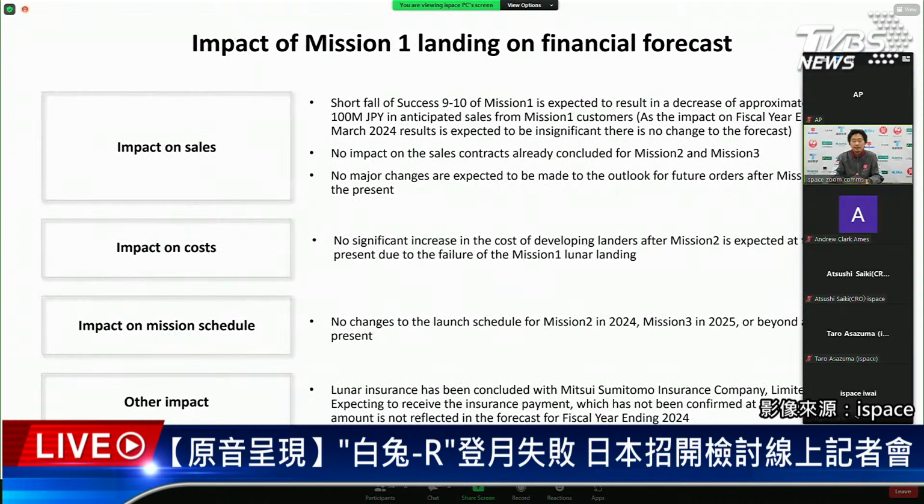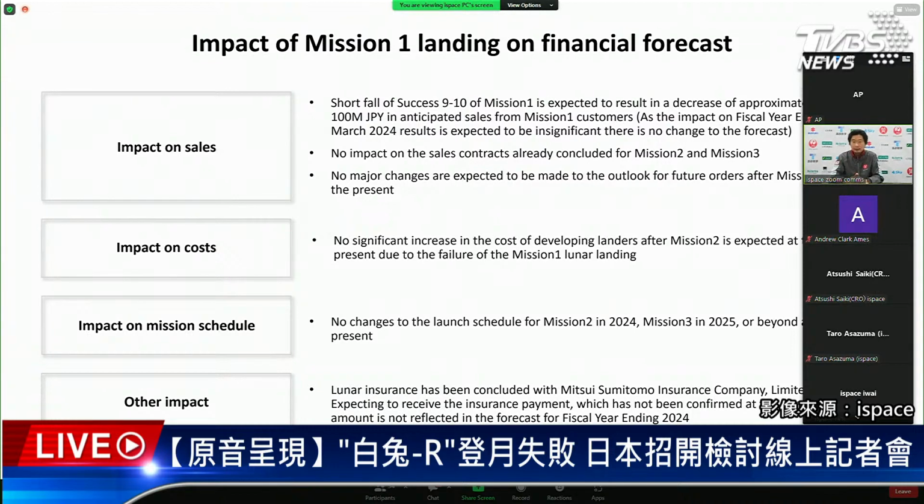Next is the impact on the financial side. As we provided the expected financial impact a couple of weeks ago during the financial report, the situation hasn't changed even after the detailed analysis of the Mission 1 result. The first is the impact on sales.